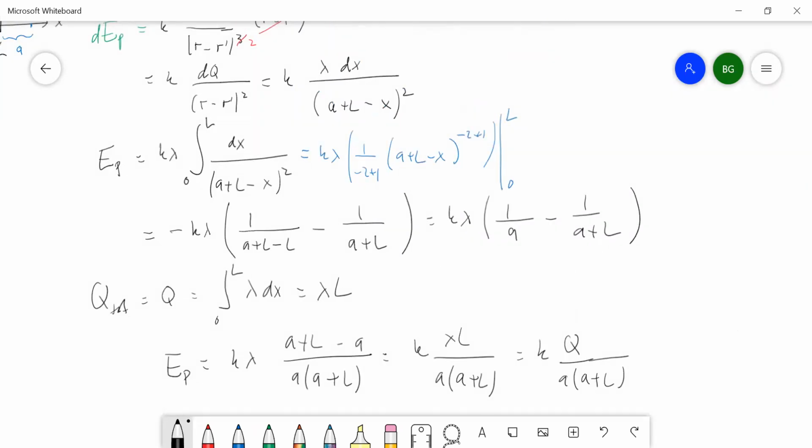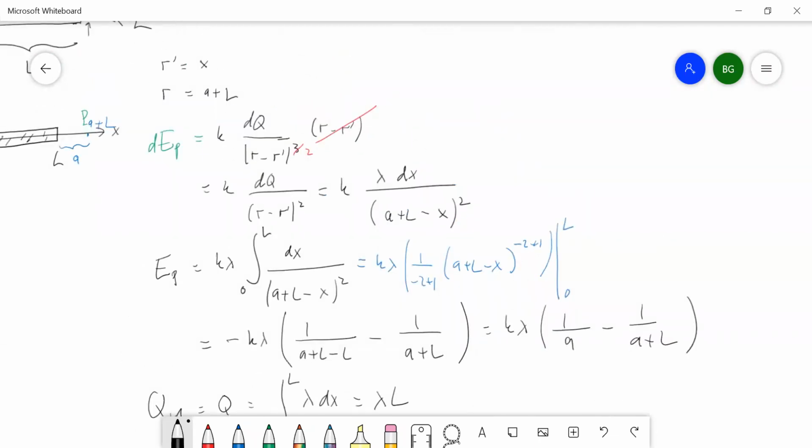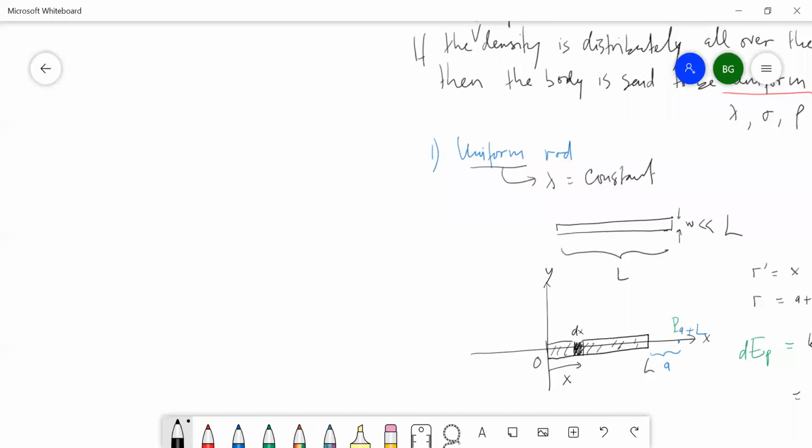Any question? So this is the uniform rod, the first example.